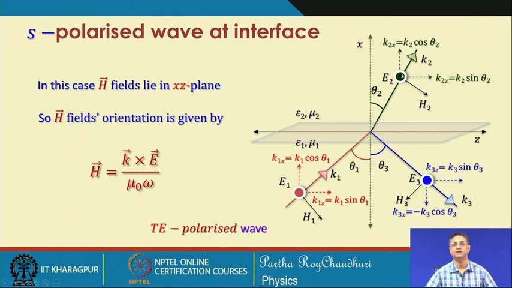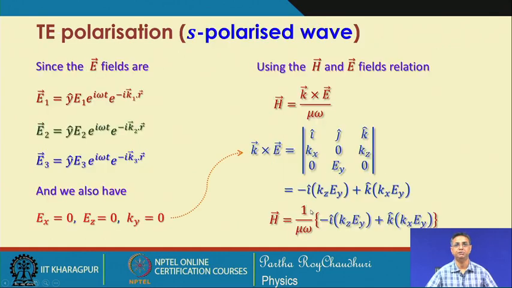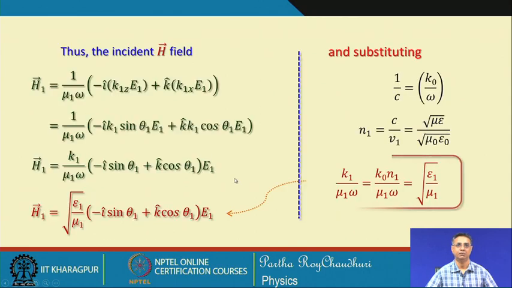We will use the two resolved components for the incident, reflected and transmitted waves to constitute the individual field components. In this way, we can write the incident field with k1 sin theta1 and k1 cosine theta1 into the z component.